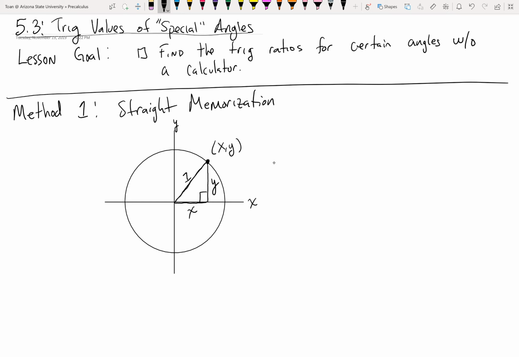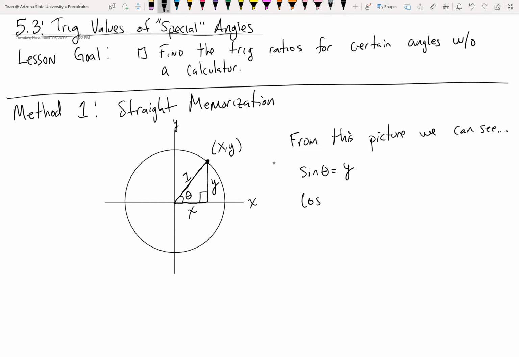Now, because I denoted the radius as having length 1, what we've created is a triangle, specifically a right triangle. Now, if I focus on the angle from standard position, notice we can create some trig ratios with this, right? From this picture, we can see that the sine of that angle, opposite over hypotenuse, is y. I didn't bother putting it over the 1 because anything divided by 1 is itself anyway.